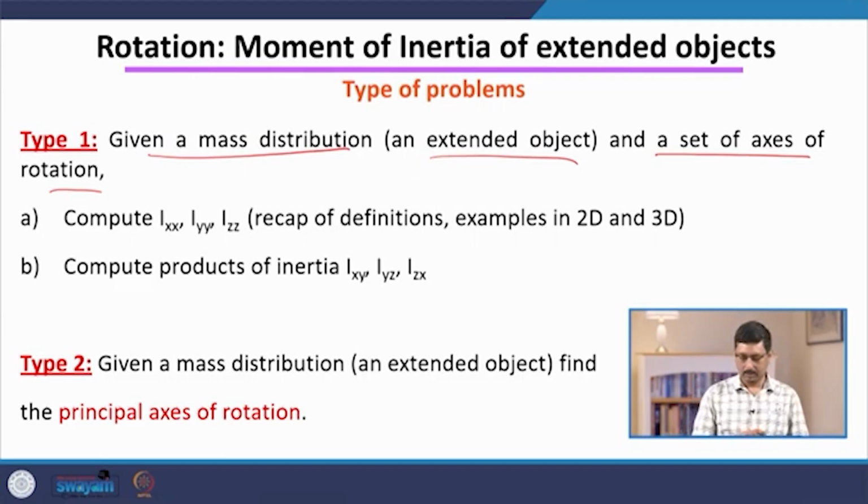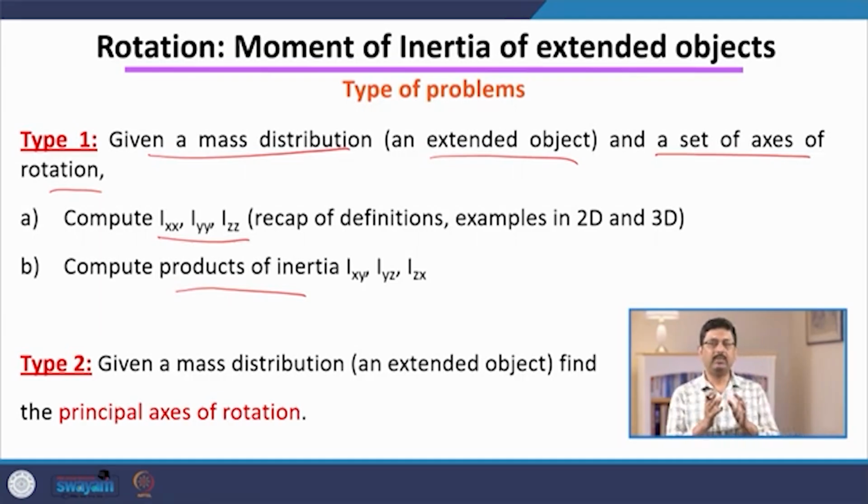First, we are going to recall something you may be familiar with from your high school physics course, the simple definition of moment of inertia. But then we are also going to introduce a new term to you, which is called products of inertia.